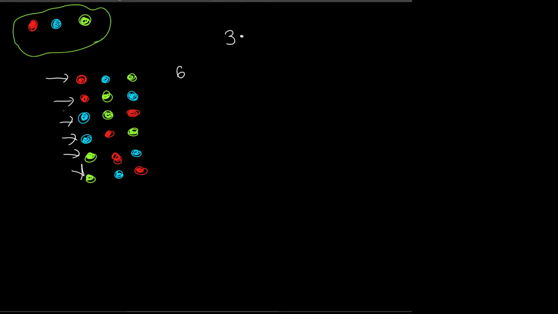So for each one of these 3, I have 2 more options. So I have 3 times 2. And then once I pick that second one, there's only 1 option left. And so I can multiply 3 times 2 times 1, and that gives me the 6 patterns I would see.